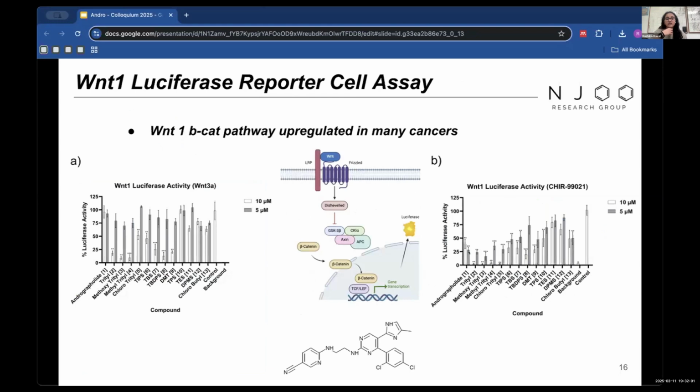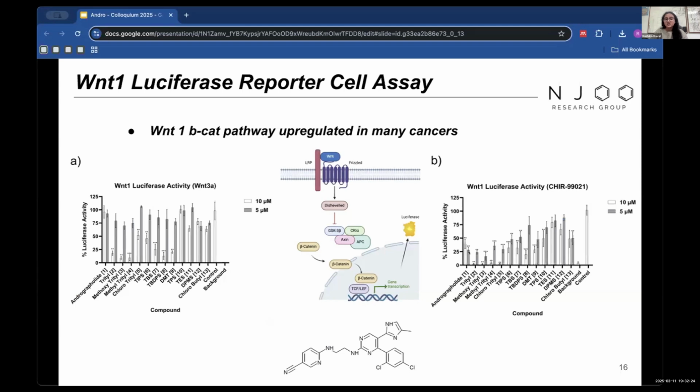Okay, then in order to evaluate our compounds' effect on Wnt1 signaling, we used an in vitro reporter cell luciferase assay. We essentially used stably transfected Wnt1 responsive 3T3 cells that express the TCF-LEF activated firefly luciferase gene.